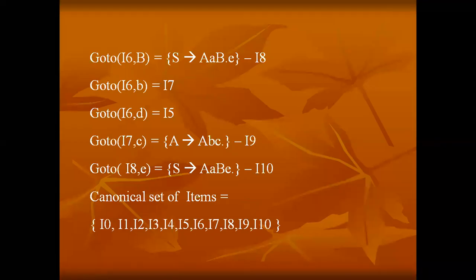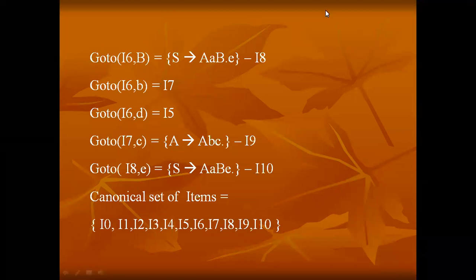In today's class, I'm going to explain how to construct the parsing table for the SLR parser. After computing the closure of I and goto of I, and after knowing the canonical set of items from the given grammar, we will find out the first and follow functions.